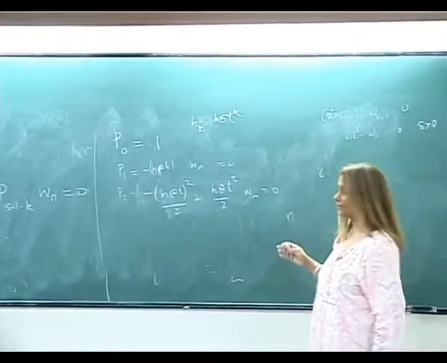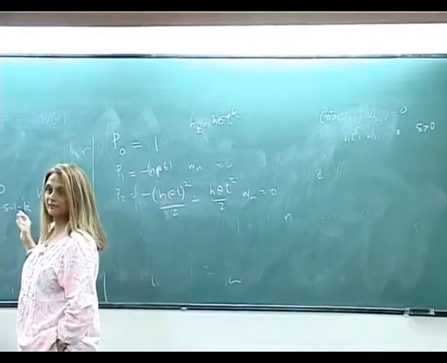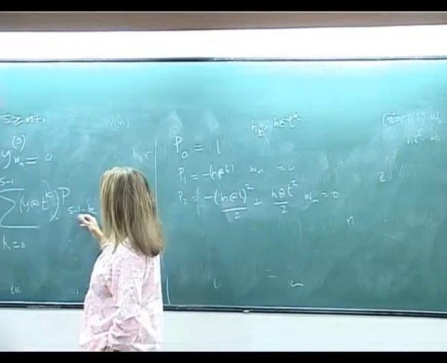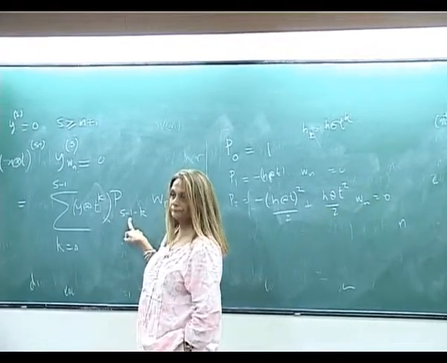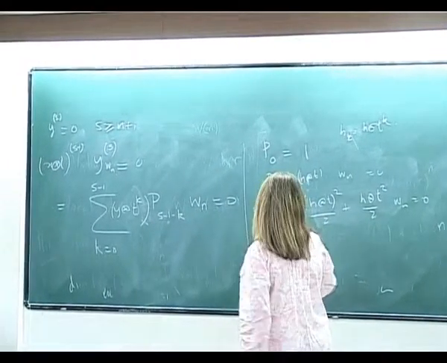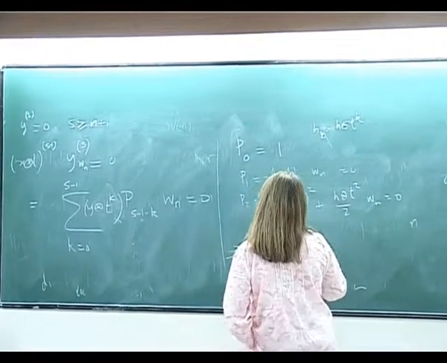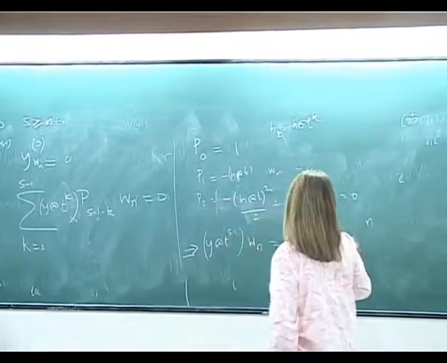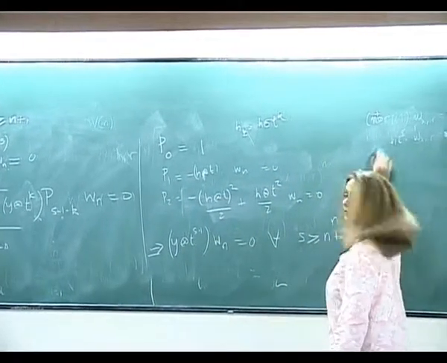Because all the H's acted trivially. So what does this equation now tell me? What is the only term which survives? The only term which survives is when this is P0, which is 1, right? So this means that y tensor t power s minus 1, Wn is equal to 0 for all s greater than or equal to n plus 1. Are we agreed with this?